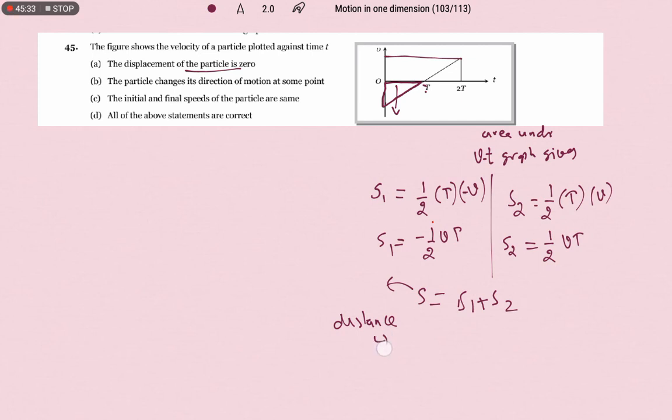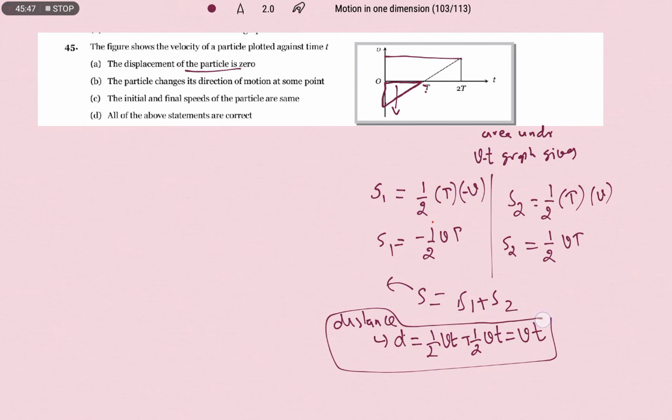The distance will be d equals half vt plus half vt, so the distance will be vt. But here they are not asking about the distance, they are asking about displacement. Displacement we need to take with respect to the sign. So minus half vt plus half vt, so the displacement will be 0.